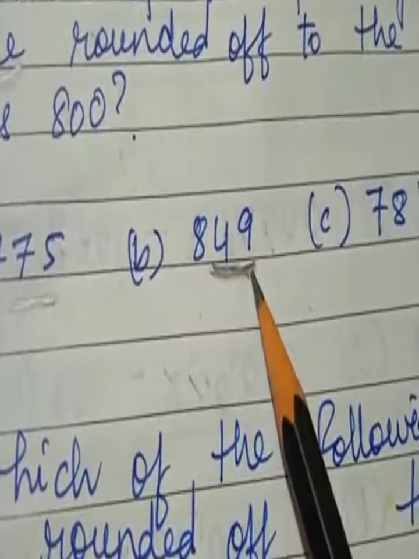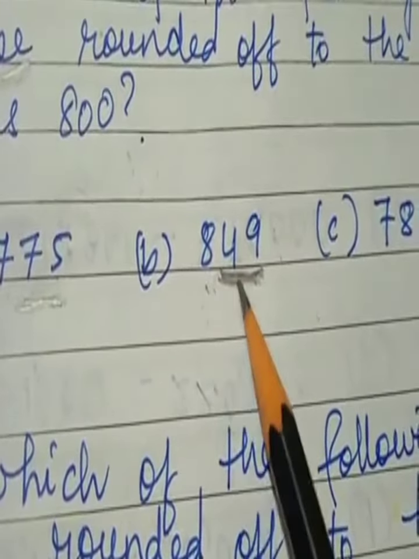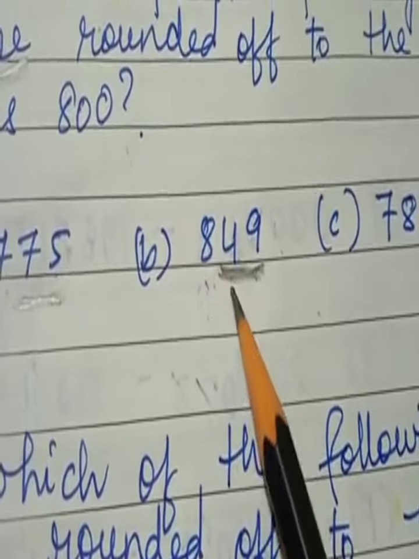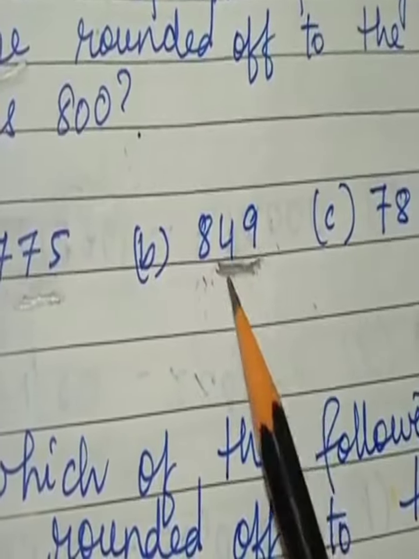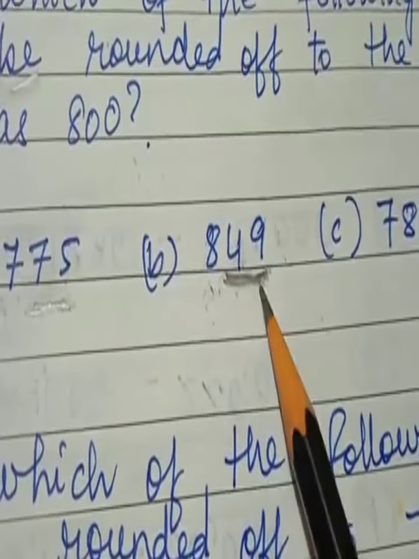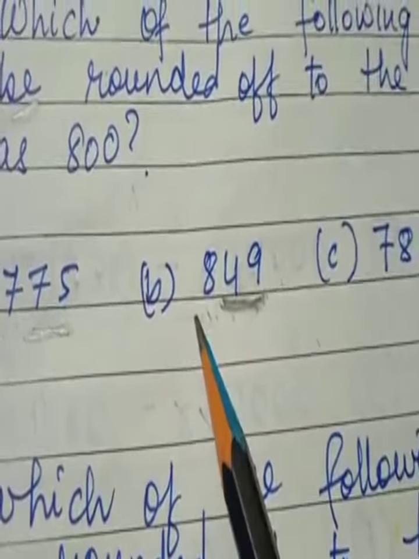So once it is less than 50, it remains in the same hundred. That is, nothing is added to the hundreds place, so it remains 800s, and the tens and ones become 0. So it will be rounded off to 800. So A is 800, B is also 800.